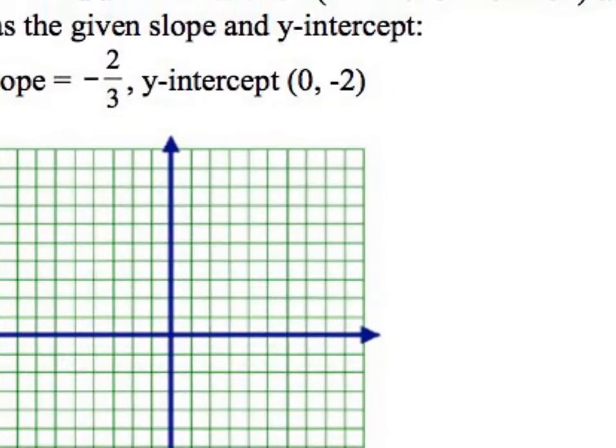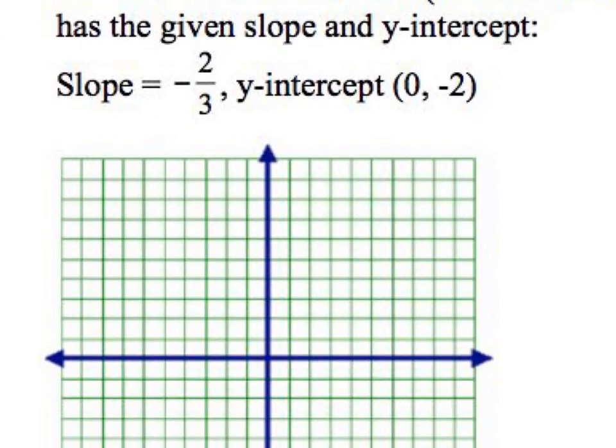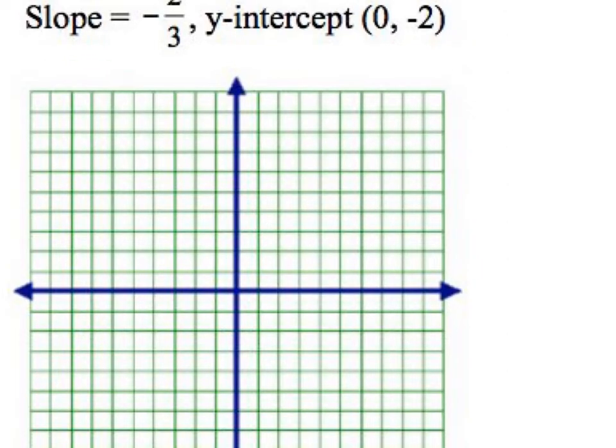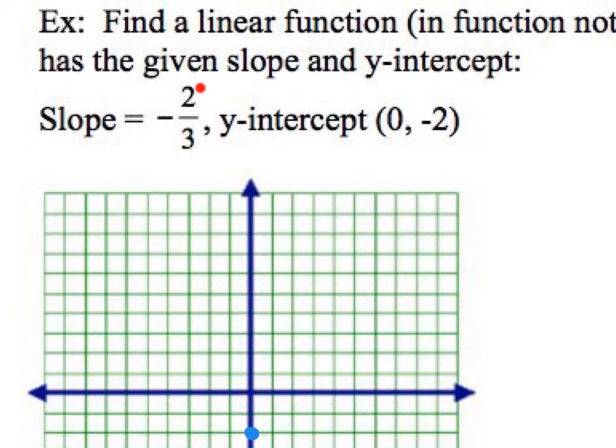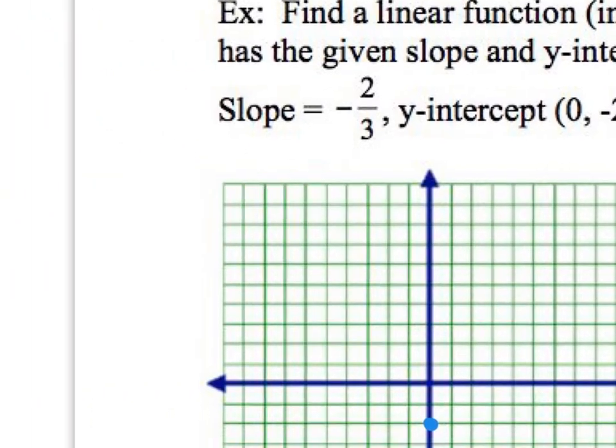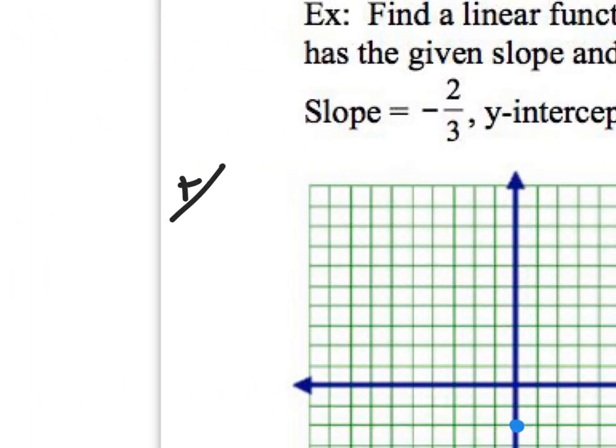All right, so let's just go ahead and graph this real quick. Let's talk about my y-intercept first here at negative 2. So I can go down here and plot this value at negative 2, and then I have a slope of negative 2/3. Remember our slopes go positive, negative, 0, and undefined.